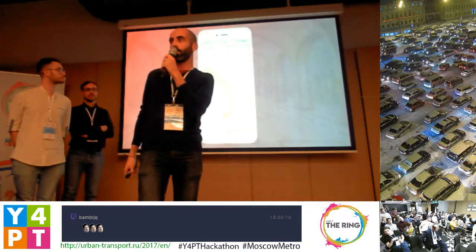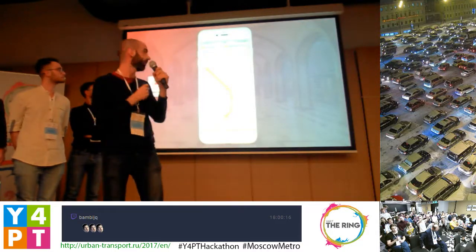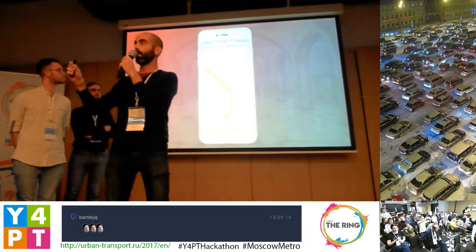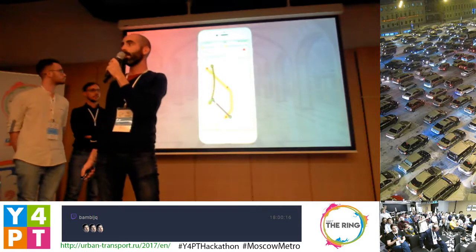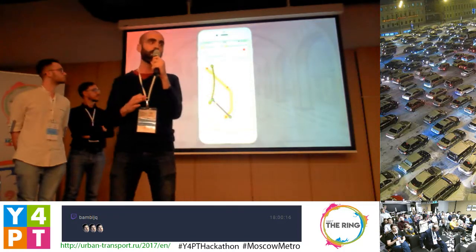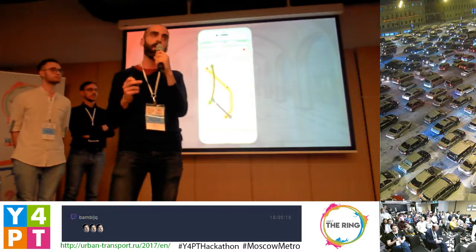First of all, in Metro Travel, where you can plan your route, this is what you can do right now. As you can see, if you select a path, you can see it in the app. What we want to do is show alternative routes, kind of like what Google Maps is doing right now with cars. We would like to show how congested that path is going to be.